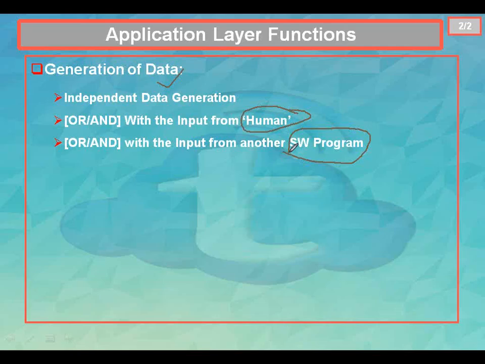Now what is the camera? Everything is an application from your mobile perspective. So that is a separate software program which is giving input to our WhatsApp. It is giving a live picture as the input, which is sent by WhatsApp.